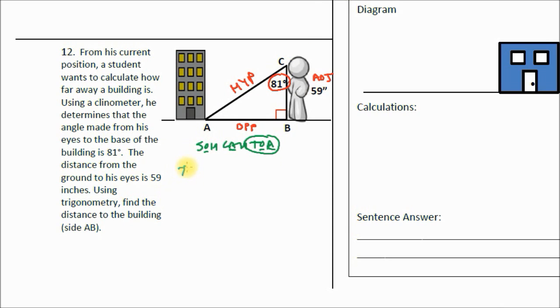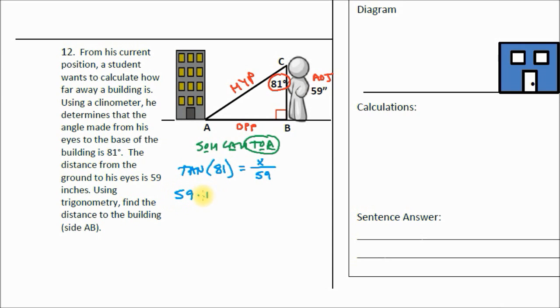So let's write our equation. Tangent of our known angle of 81 degrees is equal to, tangent is opposite. That's our AB. I'll put an X there. And adjacent is 59. Well, we have another variable in the numerator, so we multiply both sides by the denominator of 59.